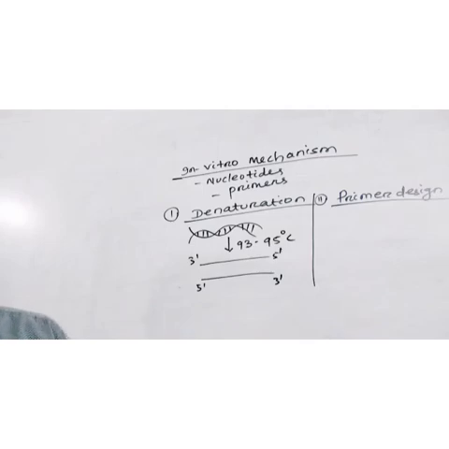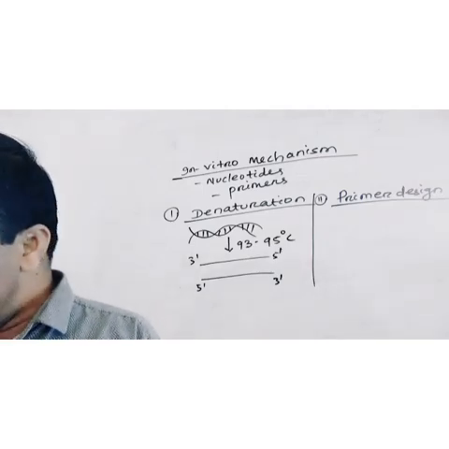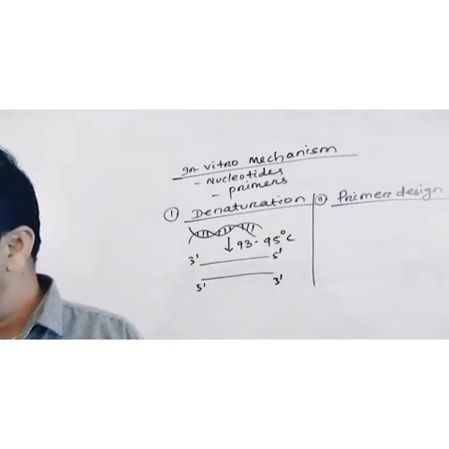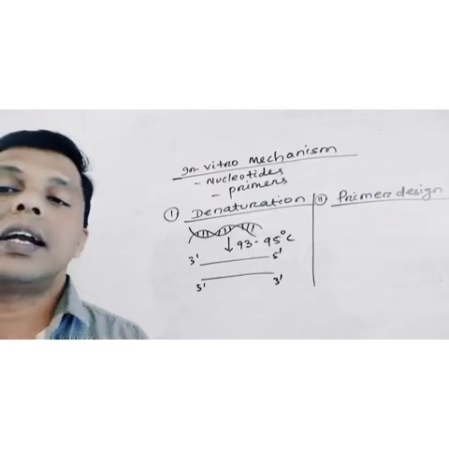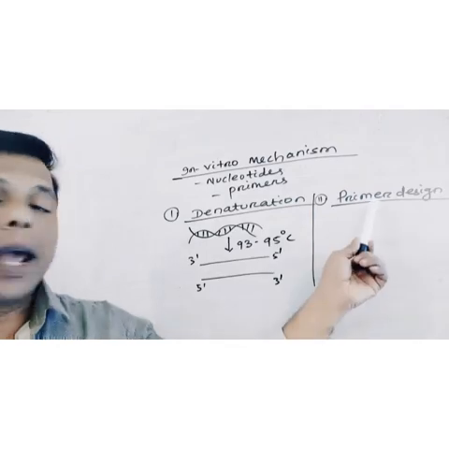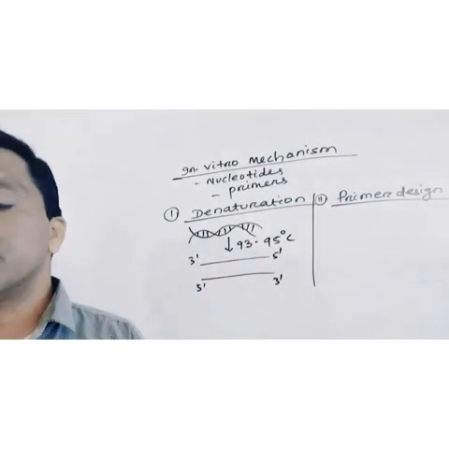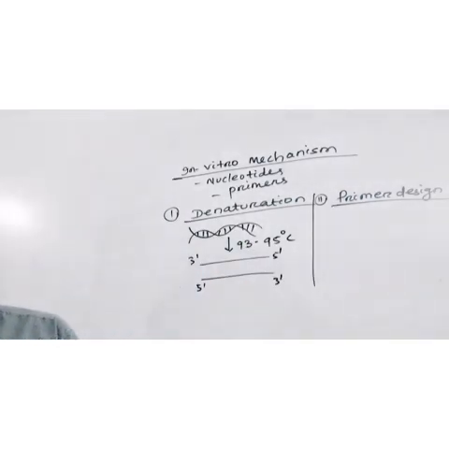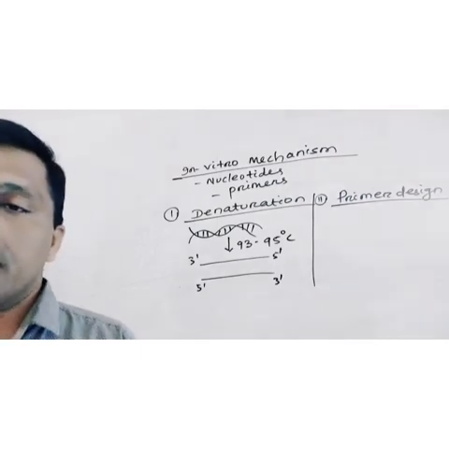So how to design primers? The primers are specific sequences flanking the target DNA. For copying the target DNA, the primers are specific sequences. To reduce primer binding at other locations on the DNA, it is essential to design the primer properly.